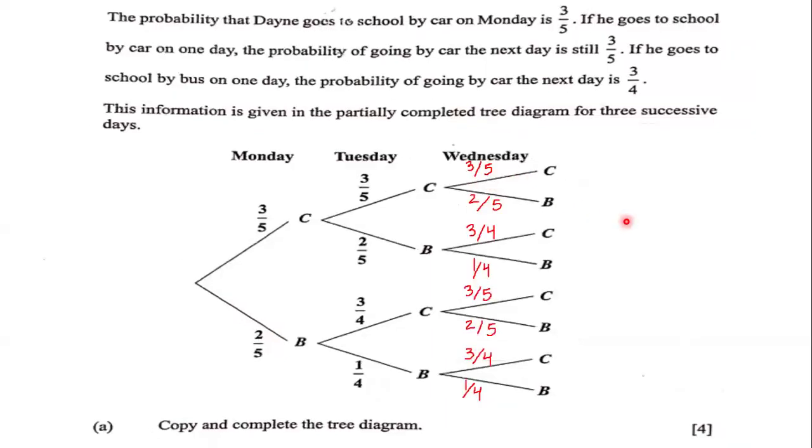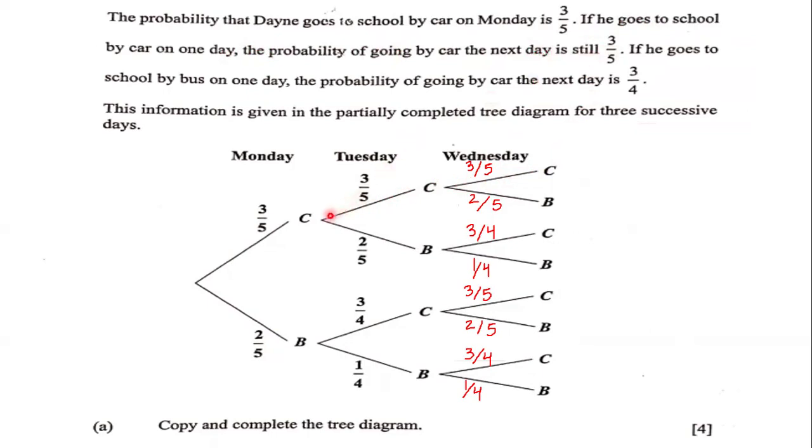And so here I have 3 over 5. And the reason why I have 3 over 5 is because he went by car on Tuesday. And if he went by car on Tuesday, the probability of him going by car on Wednesday is 3 over 5. Because it says, if he goes to school by car on one day, the probability of going by car the next day is still 3 over 5.